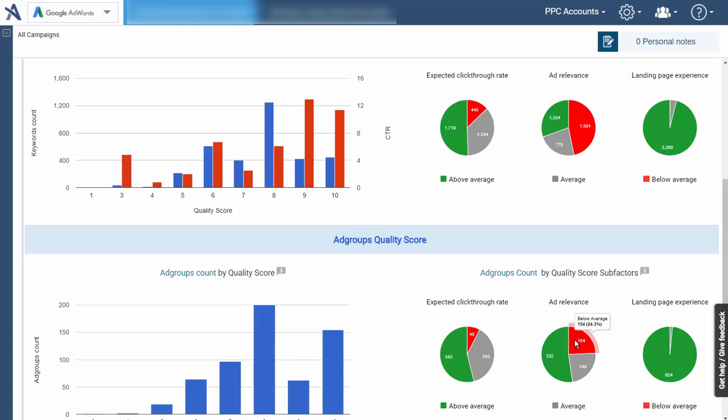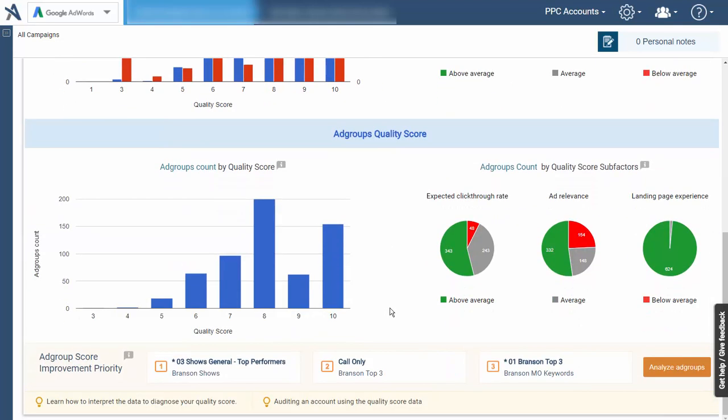It's much less, which means we probably have a small number of ad groups with large numbers of keywords that are poor ad relevance. So this will give you the high level information about your account for quality scores. And then at the bottom, you can see your 3 ad groups that need the most quality score help. And we'll show how this is arrived at in a little bit.